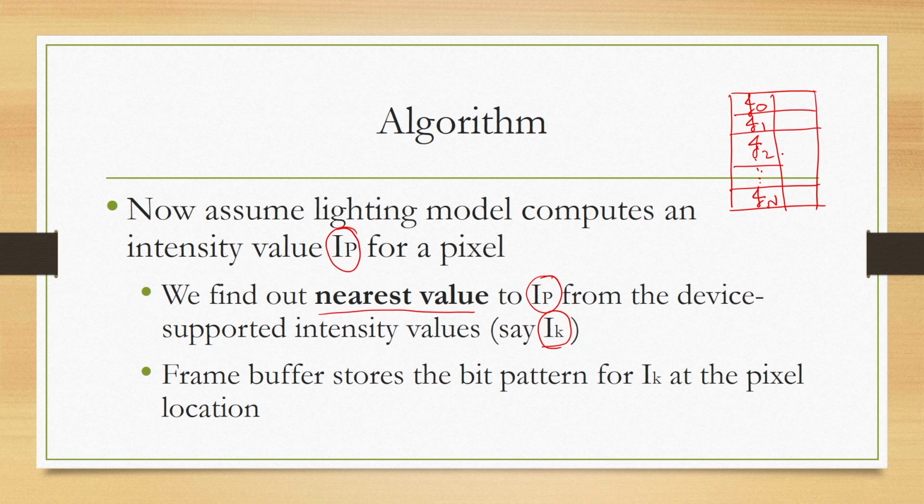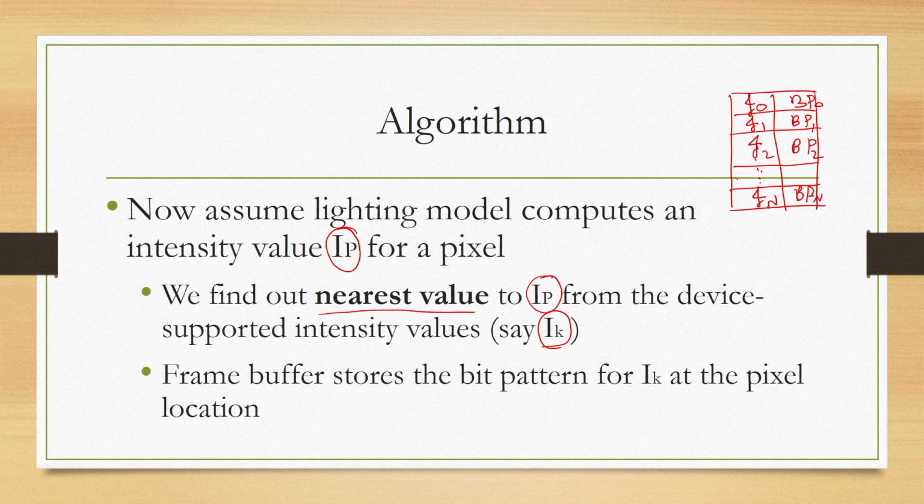Now, for that value we already have a bit pattern stored here in this table. Let us call it bit pattern 0, bit pattern 1, bit pattern 2, this way bit pattern n for the n plus 1 intensity values.